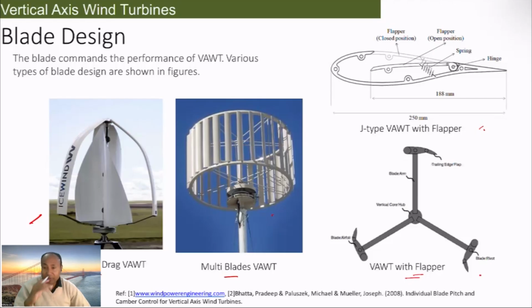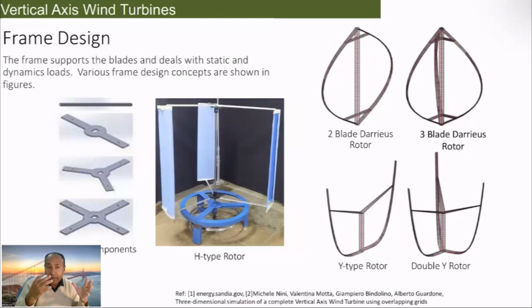Then you can have a flapper, you can have pitch controlled or variable pitch foils, control turbines. And there are different ways one could design those kinds of turbines. But essentially, the idea here is that all these different strategies would lead to a different kind of design.